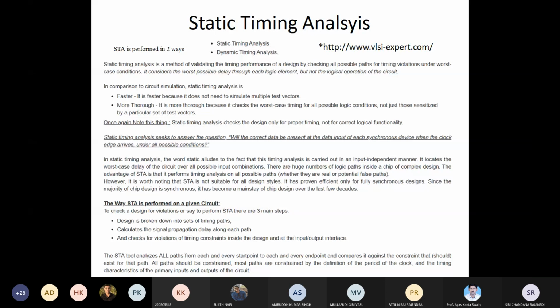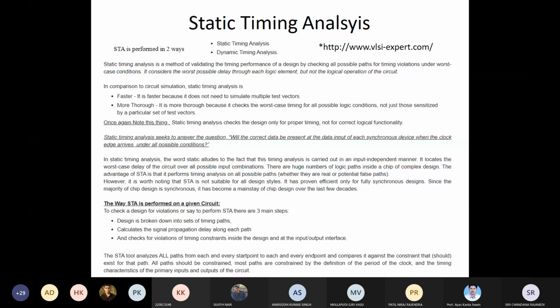That's why static timing analysis is a method of validating the timing performance of a design by checking all possible paths for timing violations under worst case conditions. Worst case condition means you have to check all the conditions. It may be best case or worst case, a single path or multi-path.